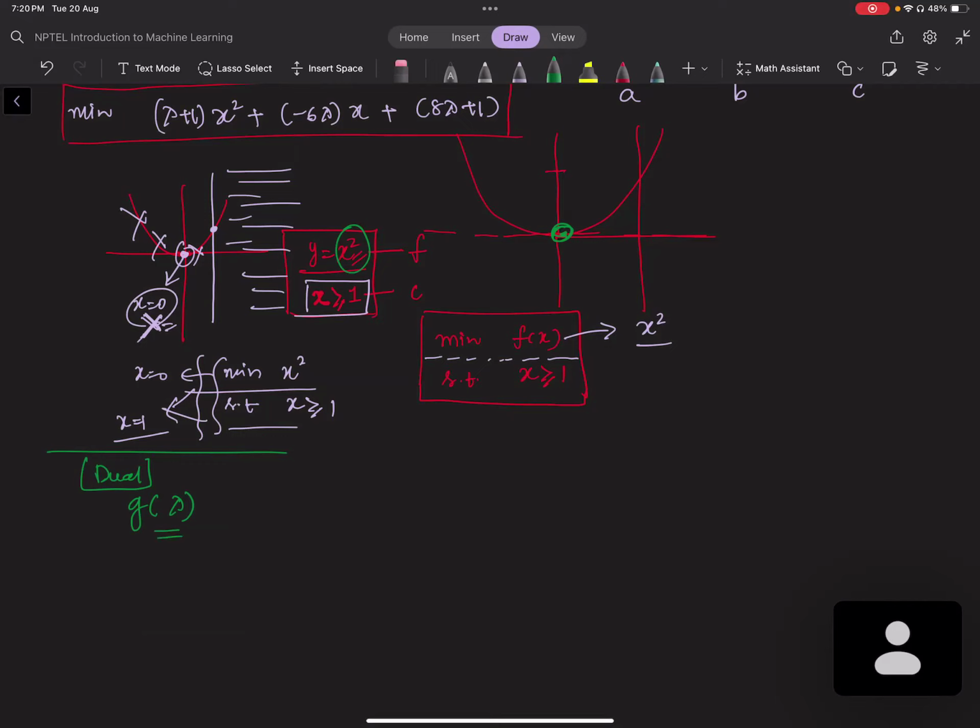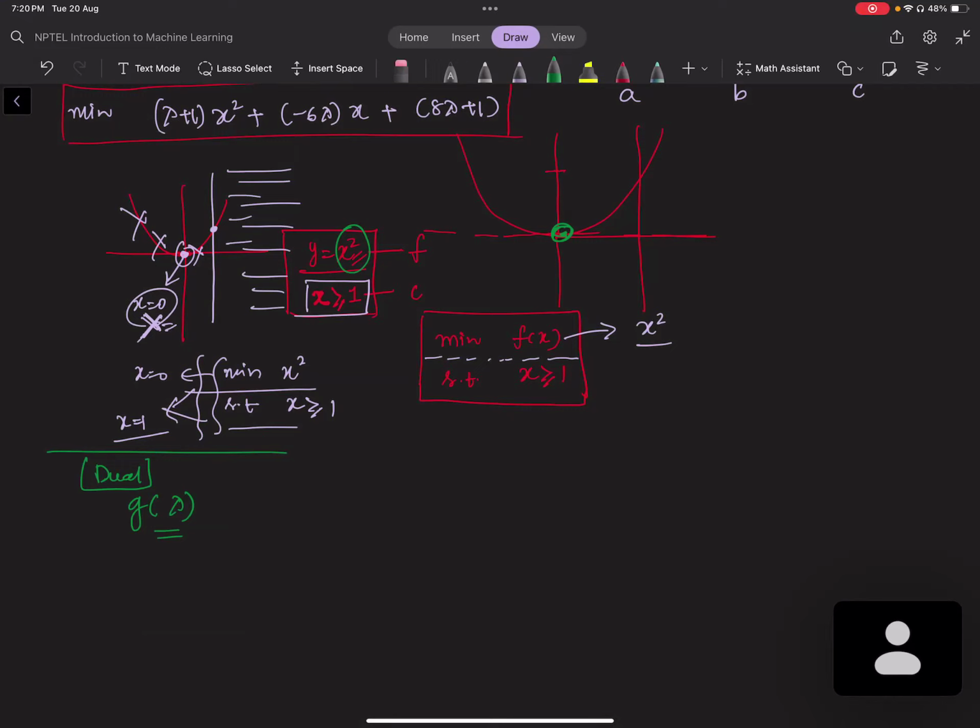The steps involved in this Lagrangian method are: first, formulate the Lagrangian.